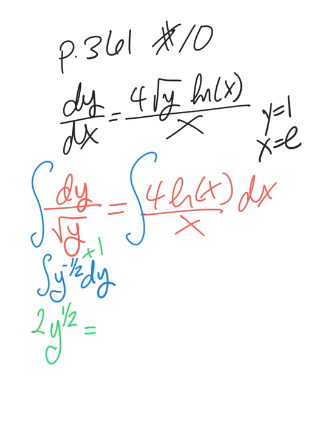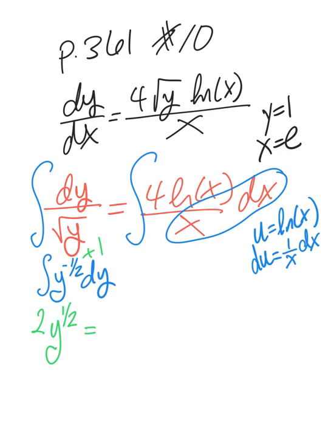Equals. All right, now let's go to the other side. Ignore the 4, the 4 is just there. To take this antiderivative, this is actually a u substitution. Our u would be the natural log of x, because the derivative of natural log of x is 1 over x dx, which is right there.